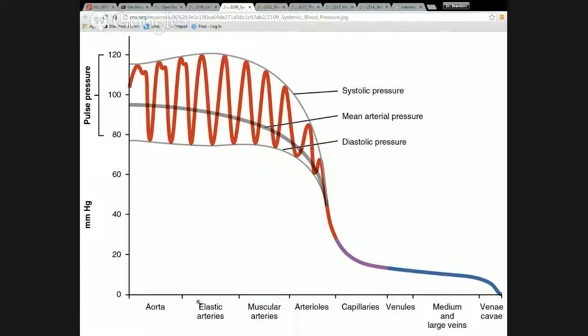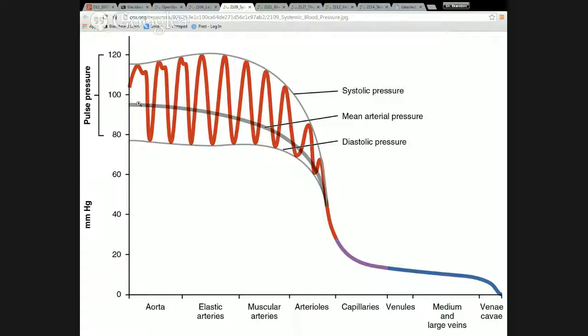So really in these figures, and there are a few others in the book that we'll look at, along the x-axis, they're just laying out the circulatory system. We could kind of say it's just distance from the heart. So we start at the heart, we move through those types of arteries, capillaries, venules, veins. And they're just blocking it off into different categories based on where they are in circulation. Okay.